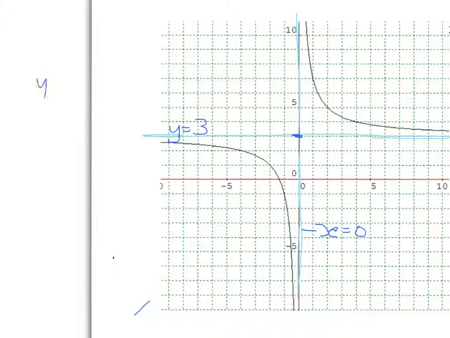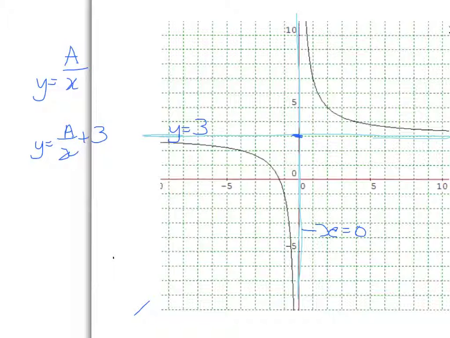We know y equals a over x. Now how far has our 0, 0 moved? It's moved up 3. So we have y equals a over x plus 3.